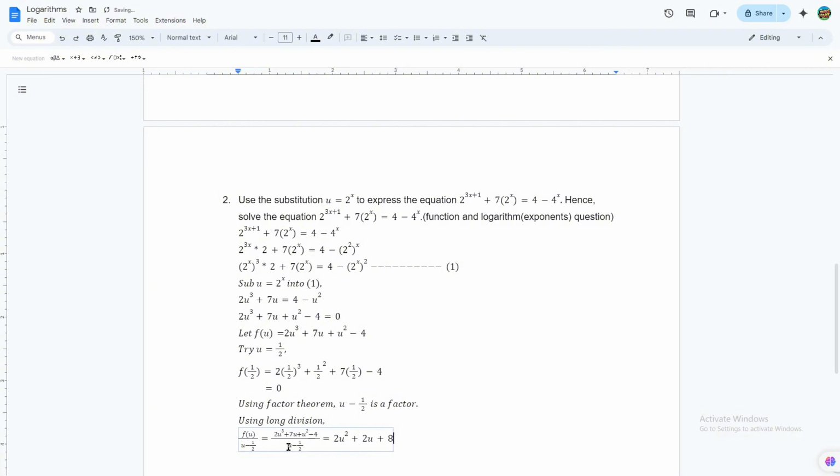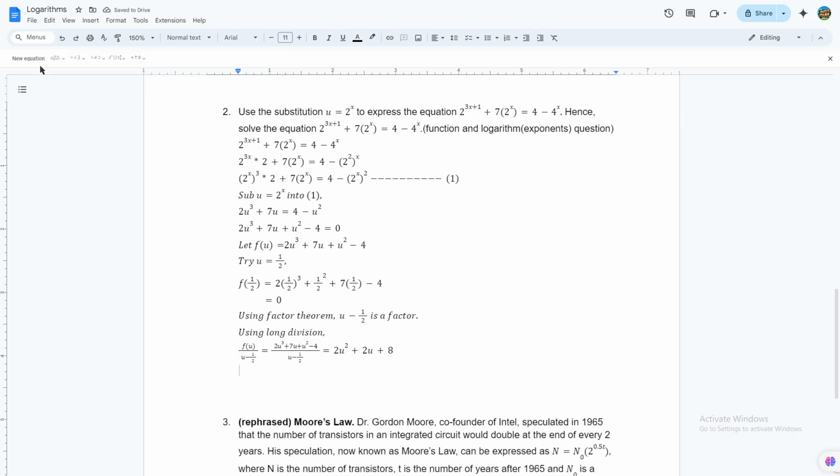So we've got this linear factor times this quadratic polynomial equals f of u. So we can now solve it.